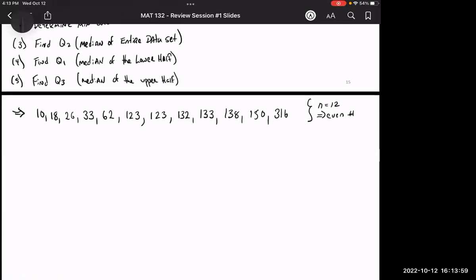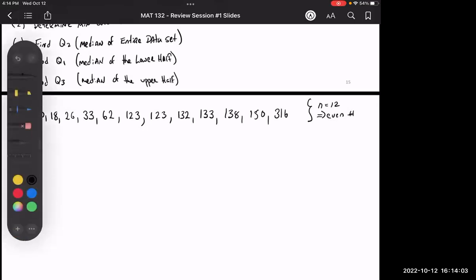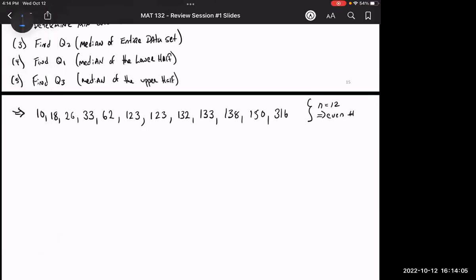So first, let's talk about the min and max. What is your minimum value? 10, right? So I'll draw arrows at these values. So we have that the min is 10, the max is, that's right, 316.